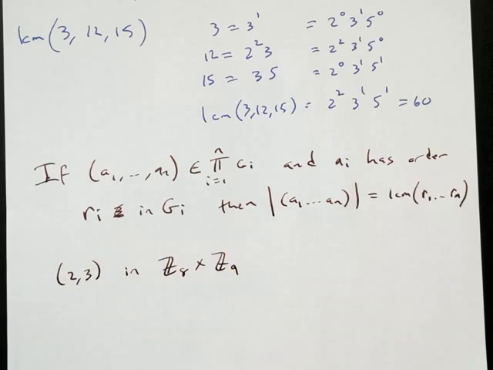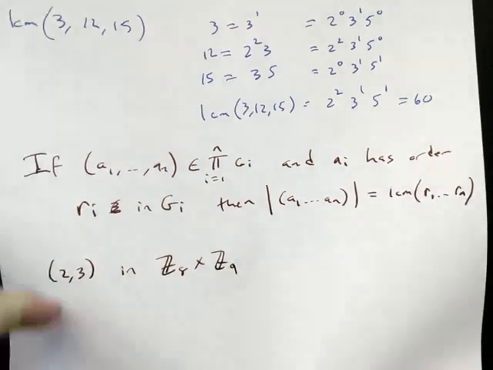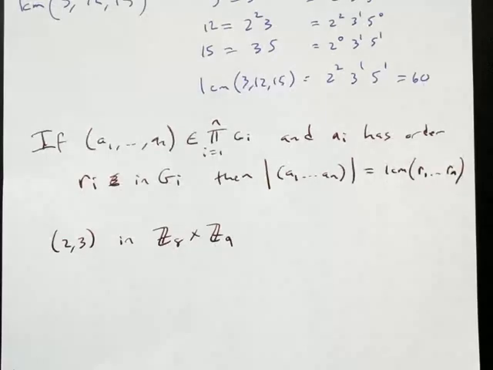I want to know the order of (2, 3) in Z8 by Z9. I did tell you I did not know what the answer was. So let's figure it out right here, right now. In Z8, what's the order of 2?